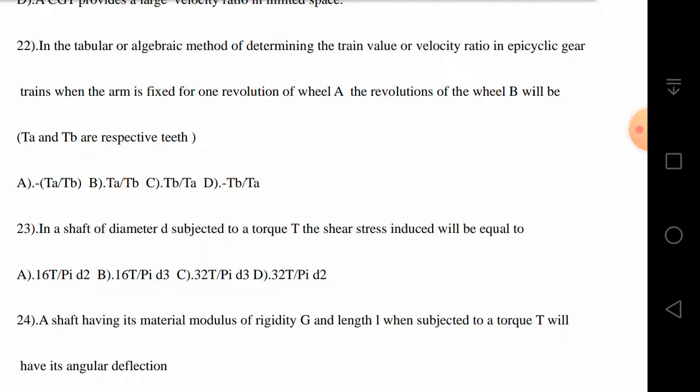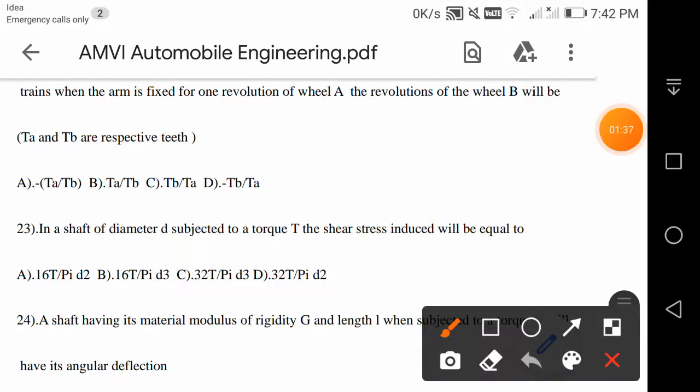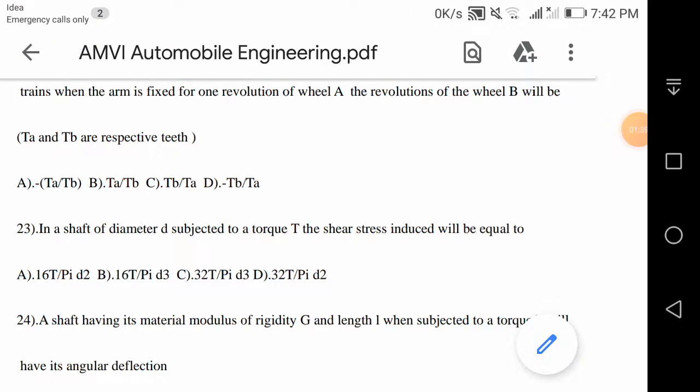So here actually the correct answer is minus TA by TB. Okay, why is it so? Because when the gears are externally meshing, the velocity ratio will be negative, right? So that is the reasoning here. So it is minus TA by TB.